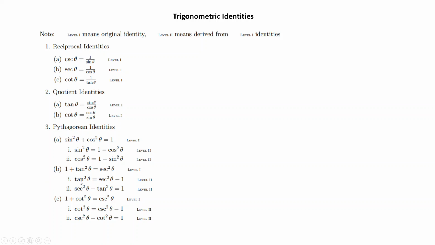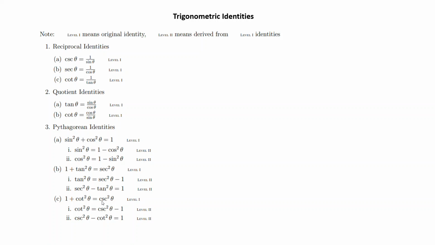From this, you can derive the fact that tangent square theta is secant square theta minus 1 by subtracting. And secant square theta minus tangent square theta equals 1. That's another identity. And once you know the tangent square part, the cotangent part is kind of similar in flair.